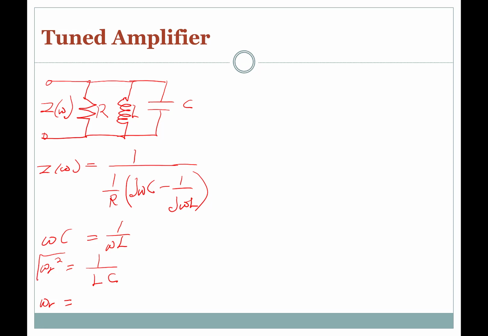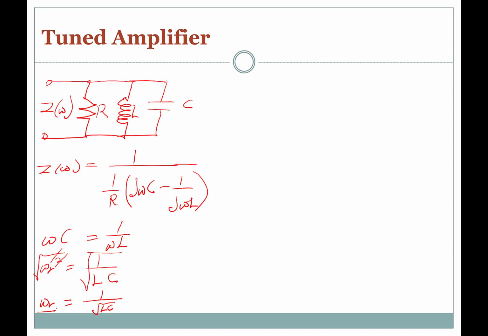If we take the square root of this side and the square root of this side, this will cancel this, and we'll be left with omega R. The square root of 1 still remains 1, and then the square root of LC. So that is how we get our resonance frequency.